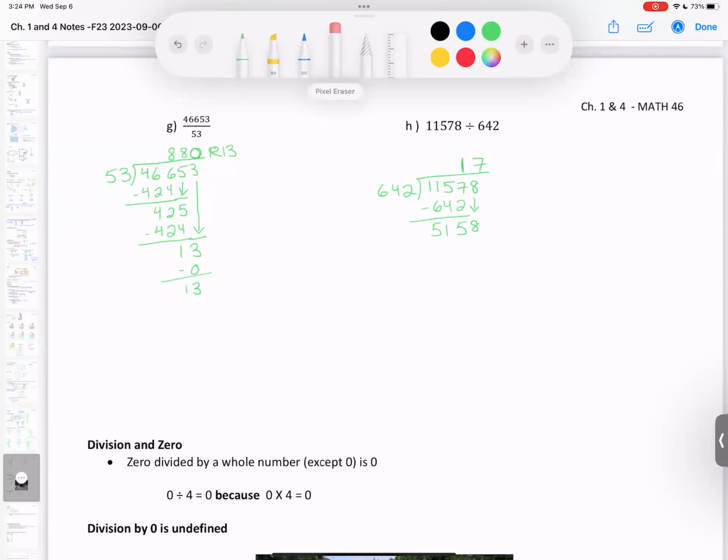Look at that. Good thing I checked. 5,136, which is okay. So we're going to do times 8, because then we can subtract 5,136. And that leaves me with 22. I have no more numbers to drop down, so that's my remainder. So my remainder there is 22.